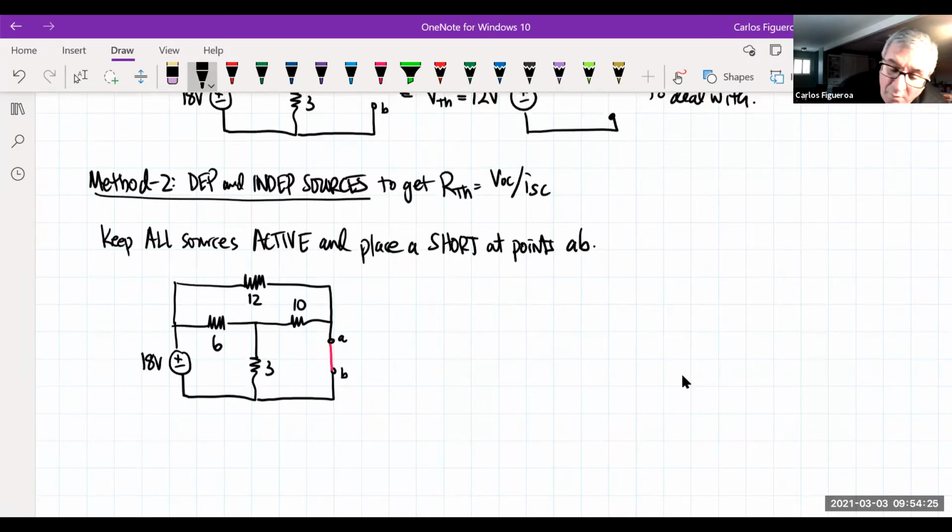And remember our polarity: A is positive, B is negative. So this current is supposed to be moving from A to B. That's my short. So my job now is to calculate what this short circuit current is.